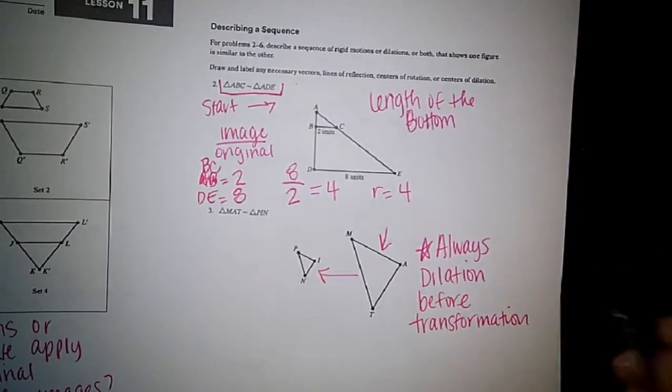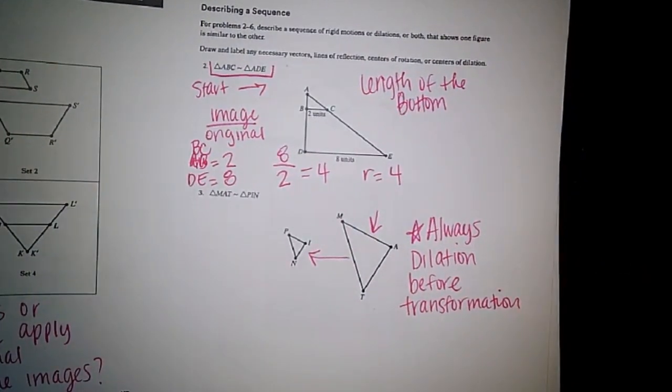Always dilation before transformation. And I'm going to explain why. In some cases, it will work to move it and then shrink it or grow it. In some cases. But not in all cases. So in order to make it easier on yourself, always dilate, make the shape the same size.